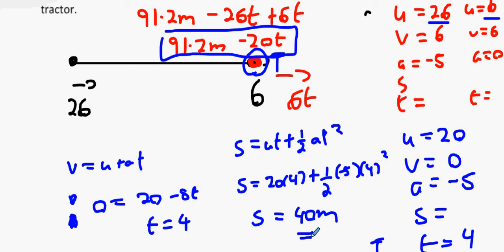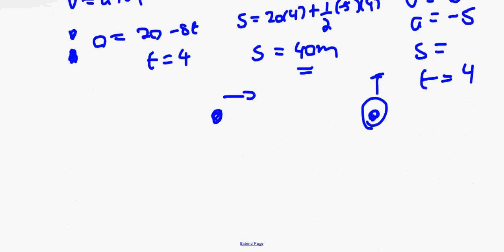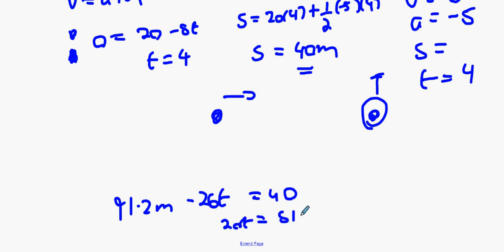That's the minimum distance you're allowed, because the car is going to make up 40 meters. So you need to be 40 meters away from the tractor to make that happen. So it's going to be 91.2 meters take away 26t equals 40, 26t equals 51.2, and then t equals 2.56.